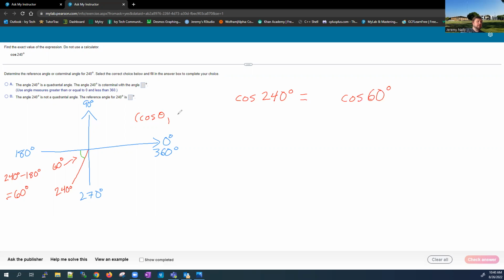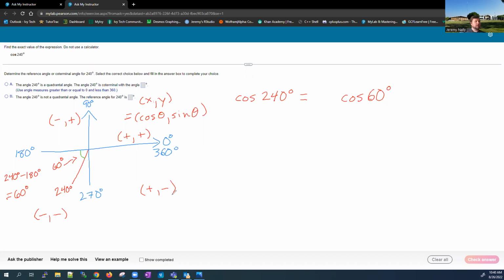So now we have to go back to that thinking about cosine theta as x and sine theta as y, right? So remember, this was plus plus, minus plus, minus minus, and plus minus.